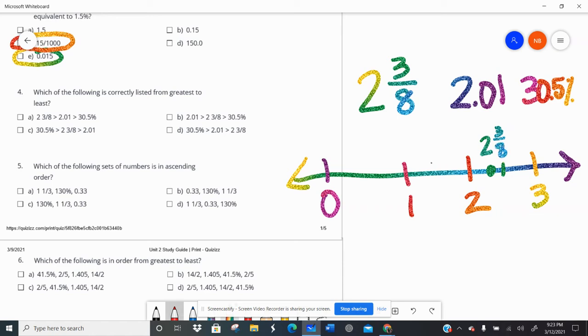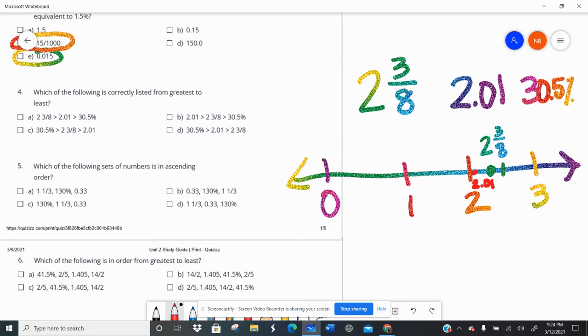All right, let's change our colors up for the next one. 2 1/100 is basically right at the 2. So I'm going to say 2 1/100 is right here. And then 30.5%. Okay, 30% is less than one whole thing.